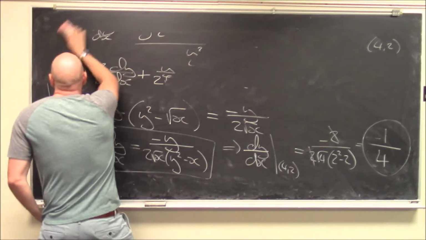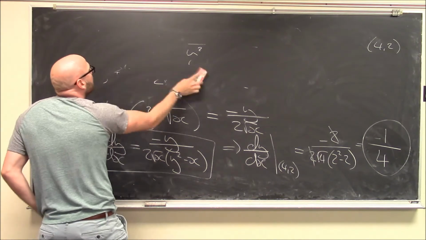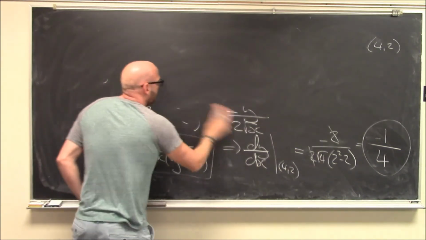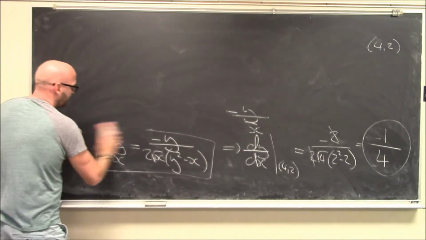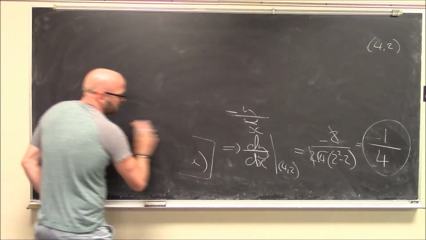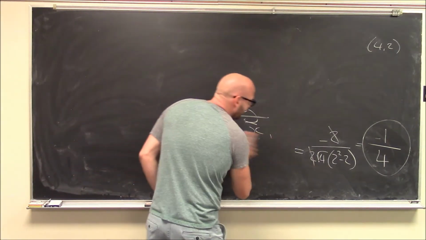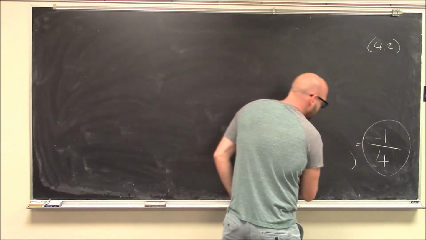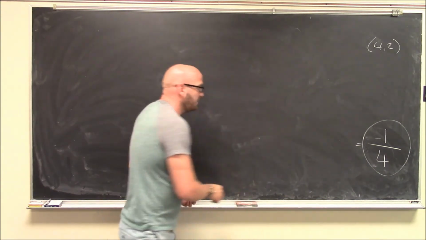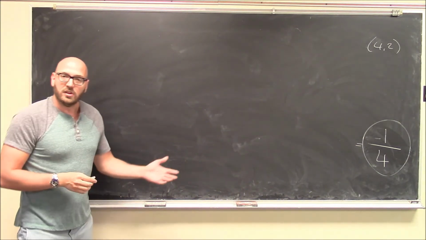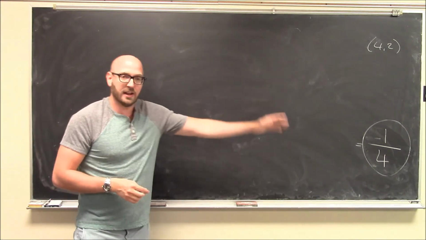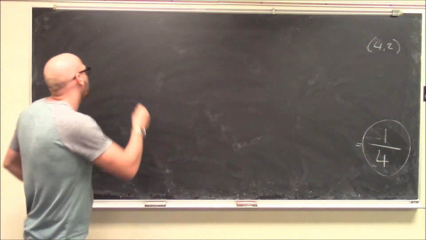And now we just have to write down the equation of the line, which will harken back to when we reviewed lines and how to write down the equation of a line given certain pieces of information. And you'll recall we had the point slope form, right? If I know a point on the line and the slope minus 1/4, then I can write the equation of the line.